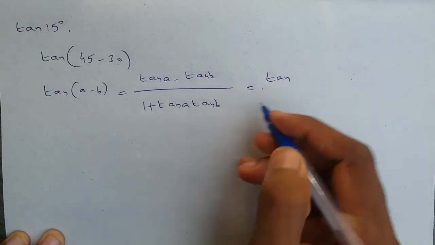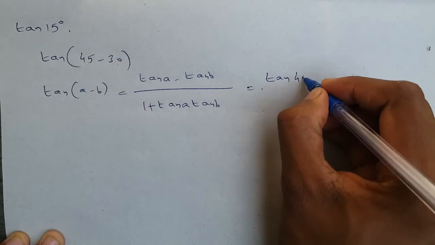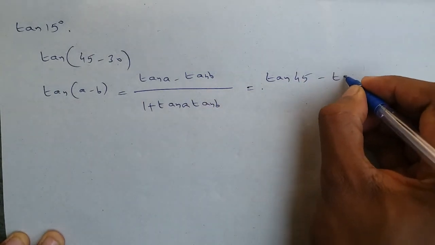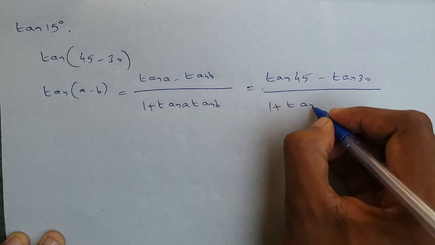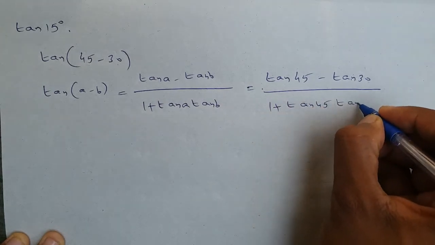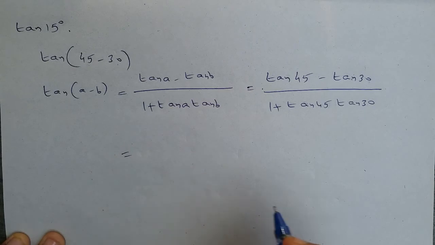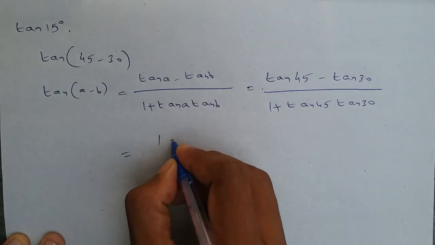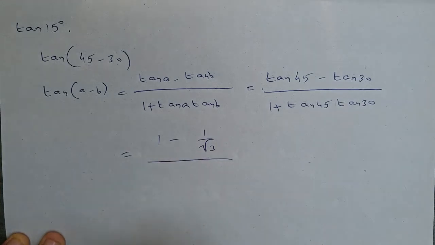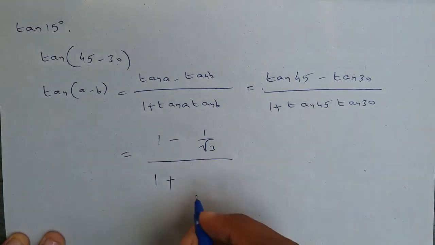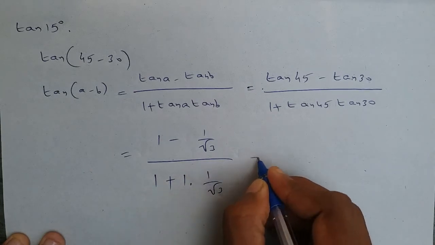Tan a is tan 45 minus tan b, that is tan 30, whole divided by 1 plus tan 45 into tan 30, which is equal to tan 45, 1, minus tan 30, 1 by root 3, whole divided by 1 plus tan 45, 1, into tan 30, 1 by root 3.